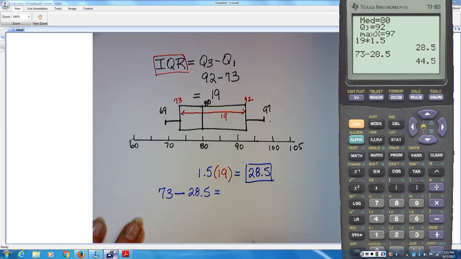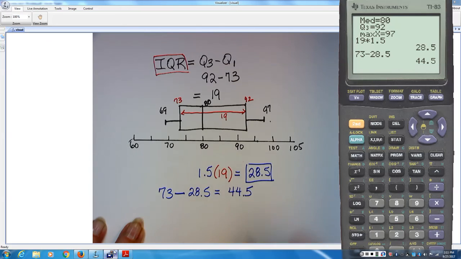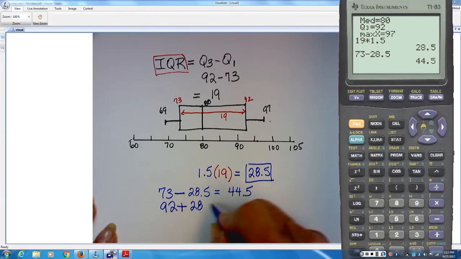That's 44.5. And then you take your upper quartile, which is 92, your third quartile, and you add 28.5 to it.